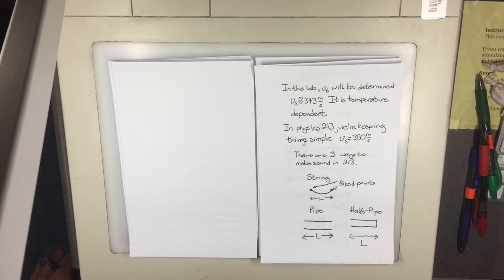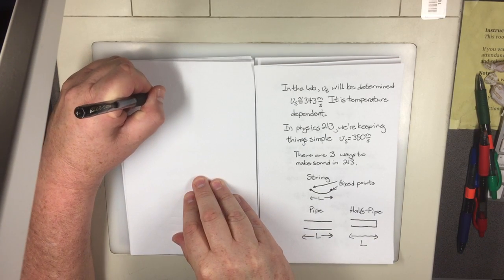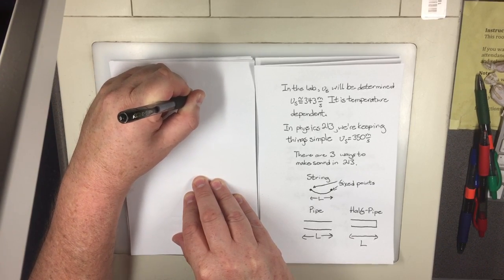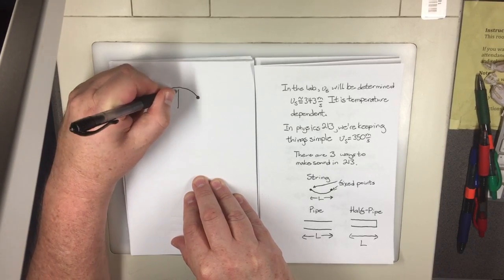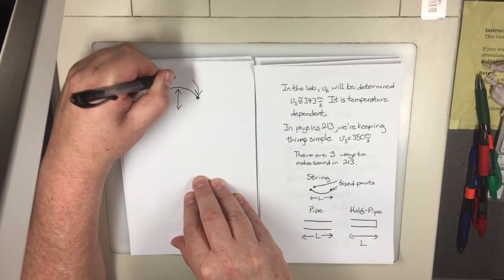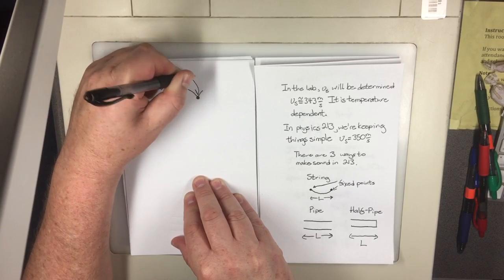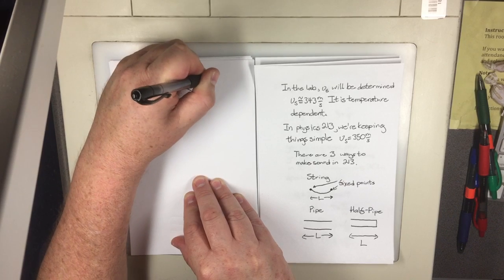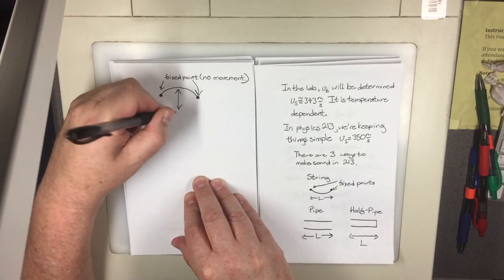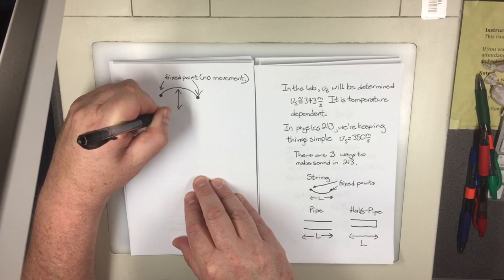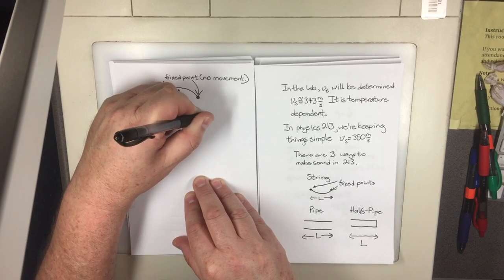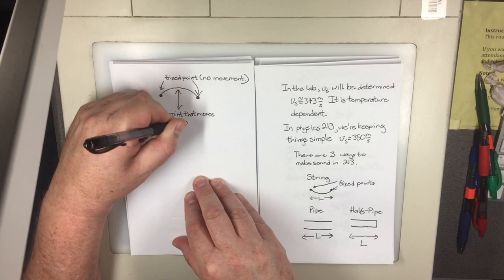What I need you to do is think about the string can vibrate like this, where there are 2 fixed points with no movement, and then there is 1 point that moves the most.